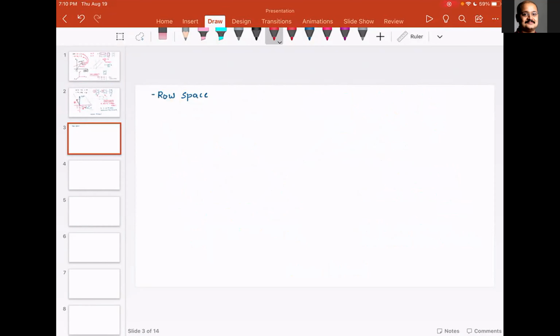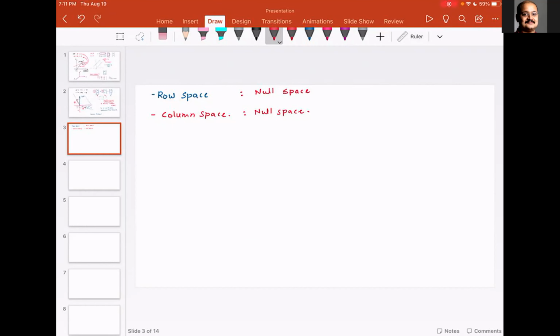So there are four fundamental subspaces. There is the row space, there is the column space, there is a null space associated with the row space, and there is a null space associated with the column space.